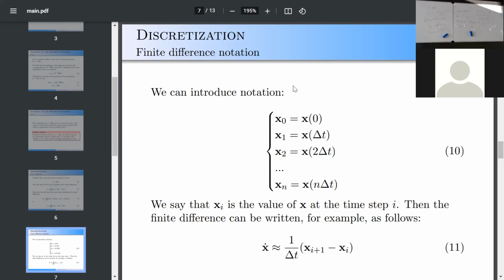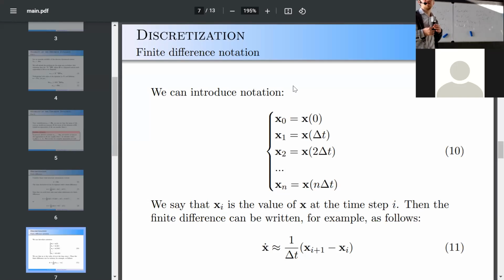Now, unfortunately, the blackboard is unusable. So basically, when we have a time function, we can introduce those time steps, delta t, okay? You can introduce time steps, delta t, and you can evaluate the function at step 0, step delta t, step 2 delta t, step 3 delta t, etc. And you can just call your states at those moments state number 1, state number 2, state number 3, etc. That is all.